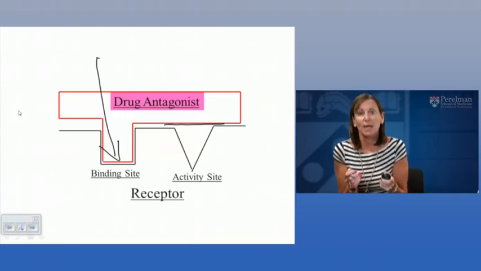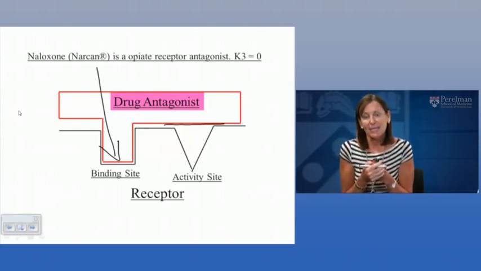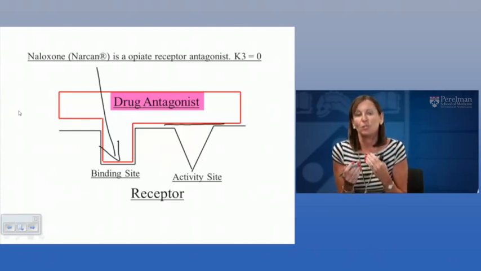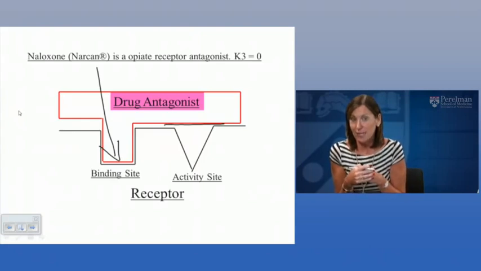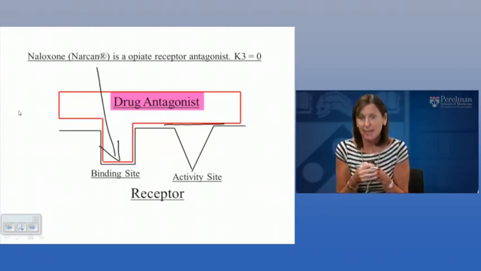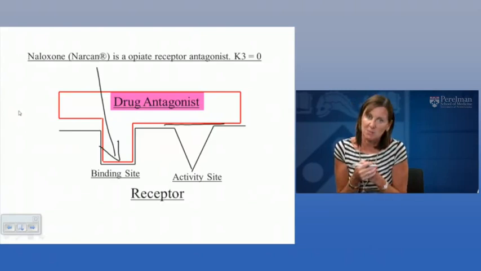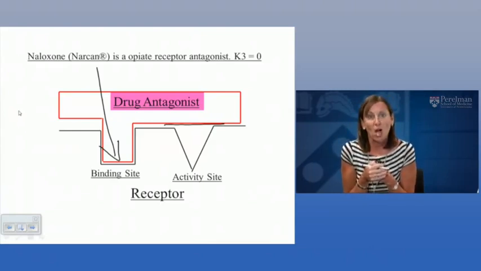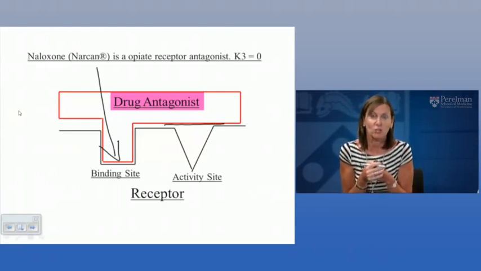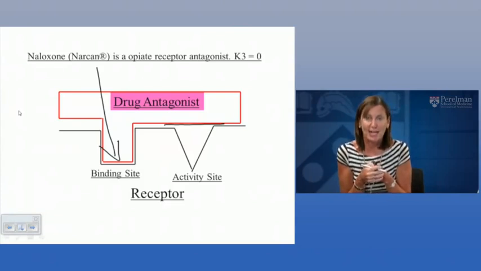And one of the things about antagonists is that their binding to the receptor is typically very tight. So it typically gets in there and it sits there and it binds. In this particular example, we have naloxone. And naloxone is an opiate receptor antagonist.